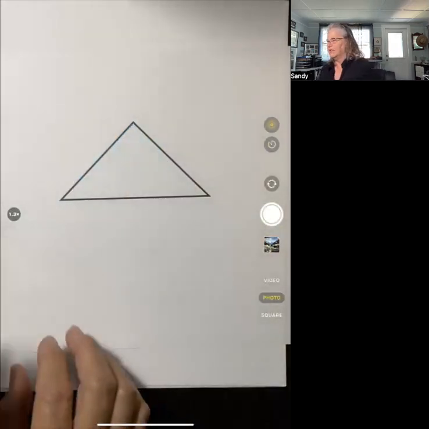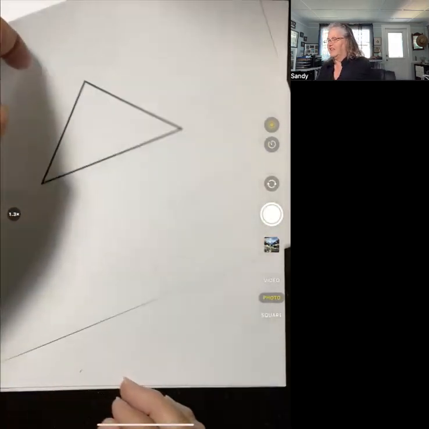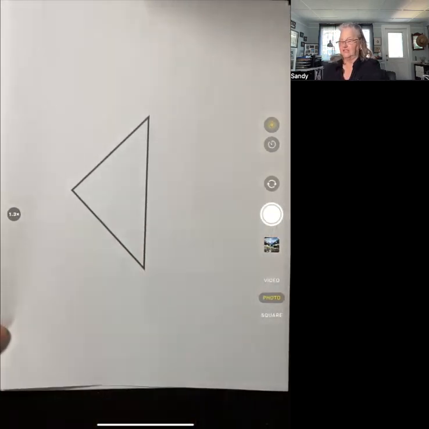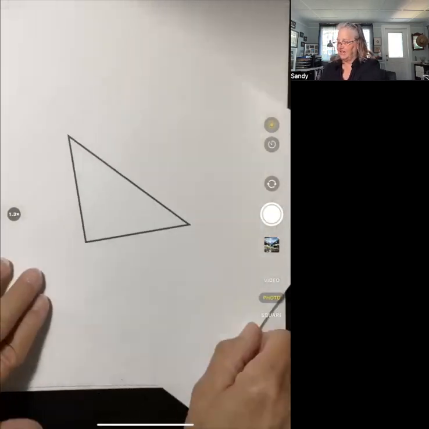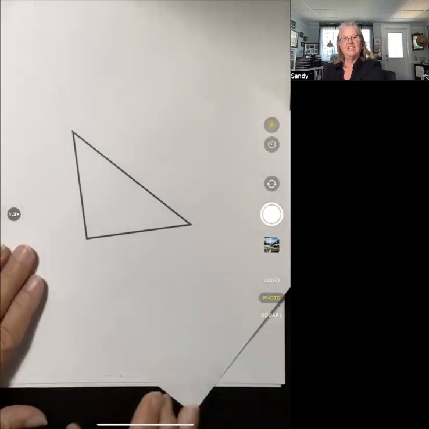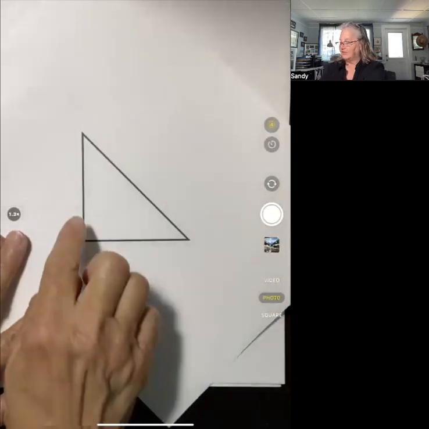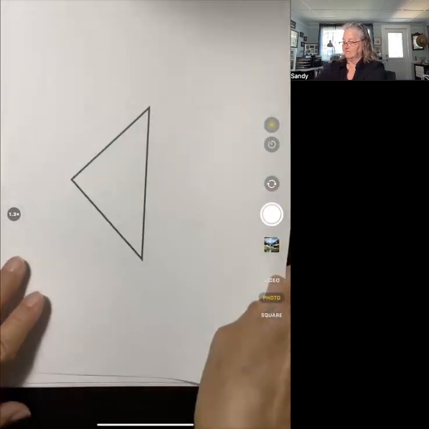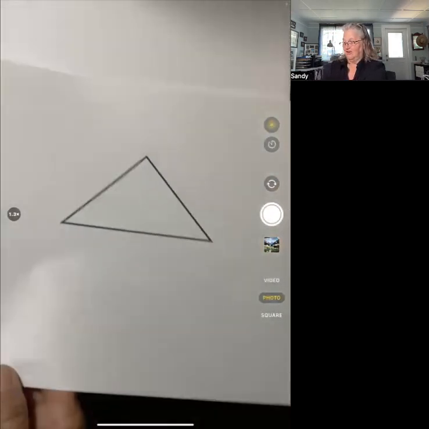It's really important that your children learn that orientation doesn't determine if this is a right triangle, that I could turn it any way I need to until I actually have that right angle. But this is a right triangle whether it's sitting on a base, there, or here.